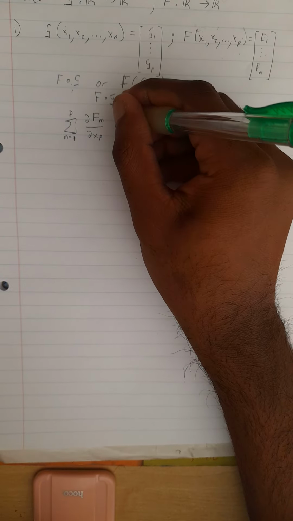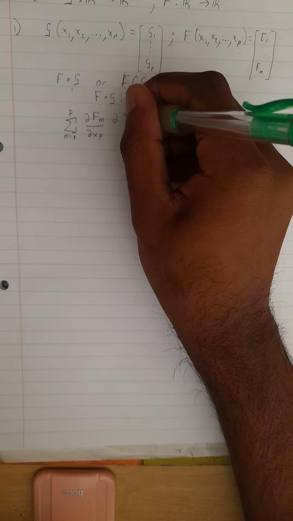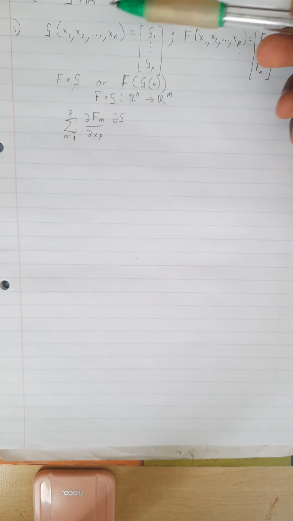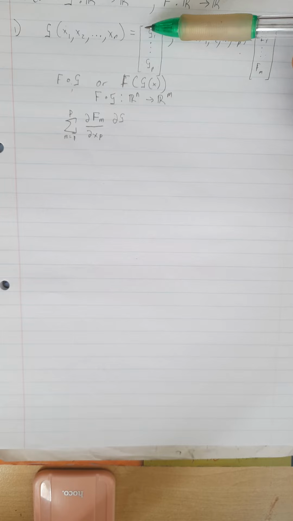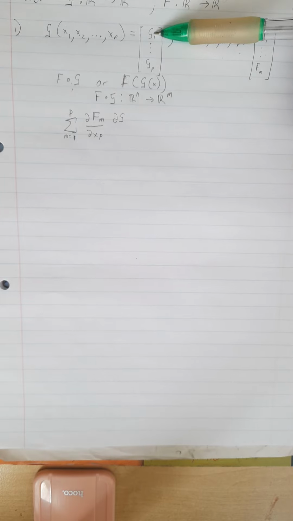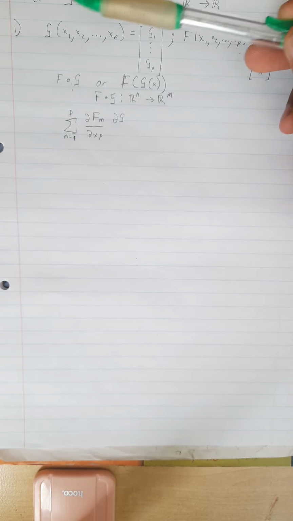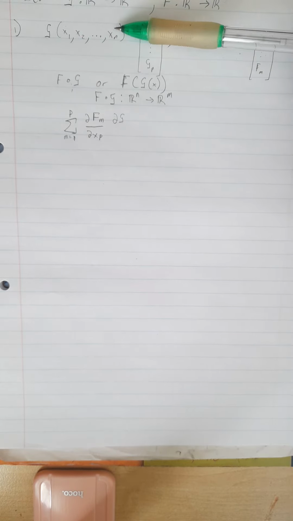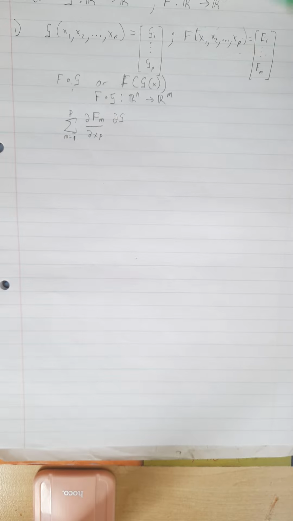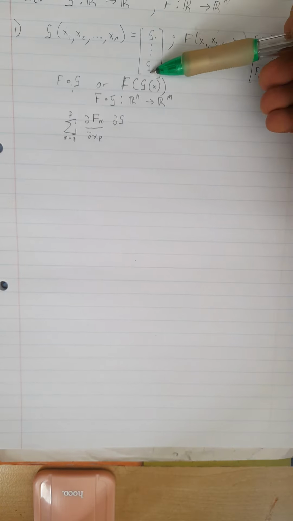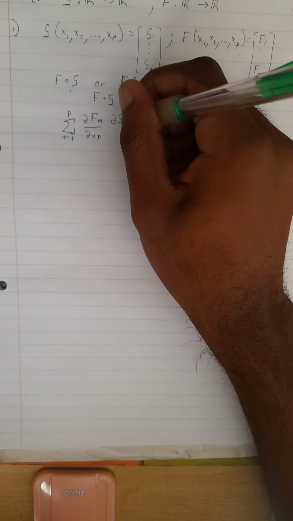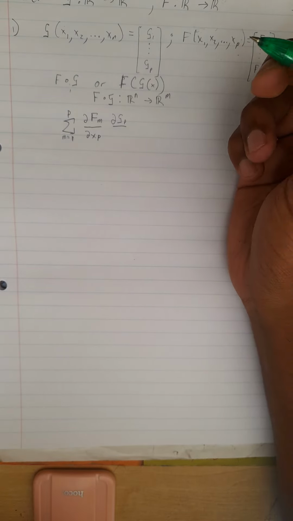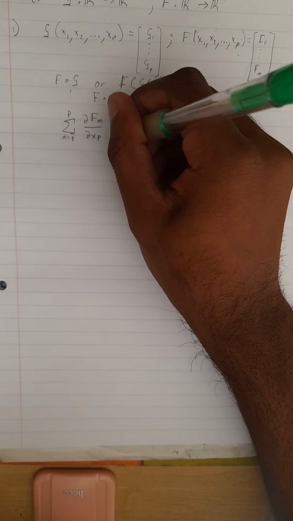So continuing, we would take the partial derivative of g. Now the same idea goes for here. We're going to be taking the partial derivative of g1 with respect to x1, partial derivative of g1 all the way up to xn. So we're going to be going for all our equations or outputs of g, up to the partial derivative of gp with respect to xn.